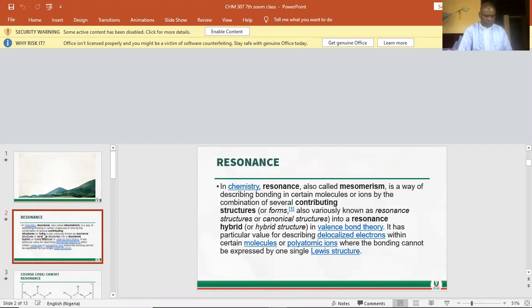Resonance, also called mesomerism, is a way of describing bonding in certain molecules or ions by a combination of certain contributing structures.